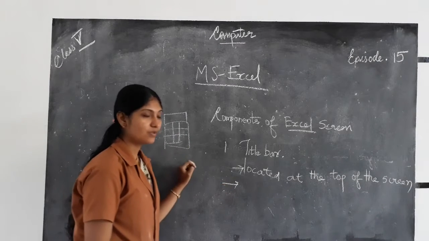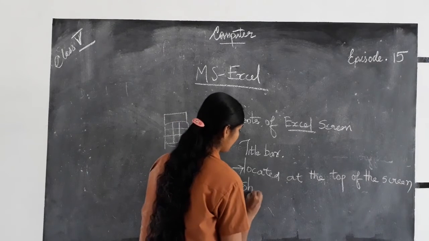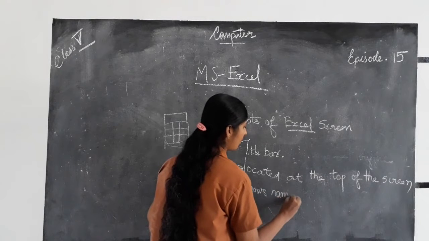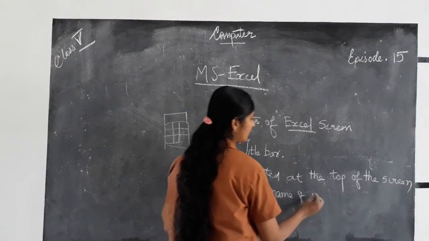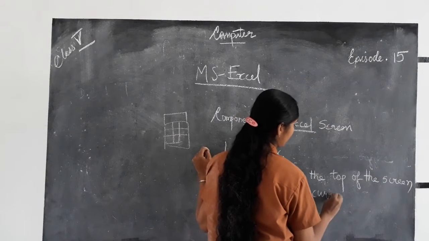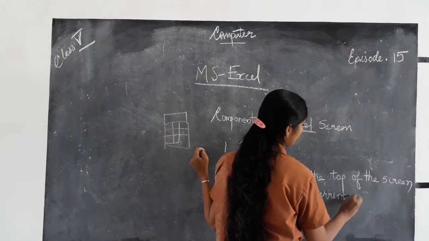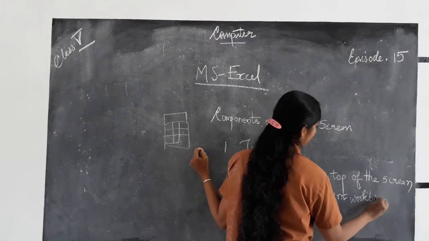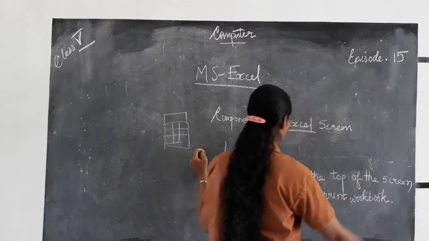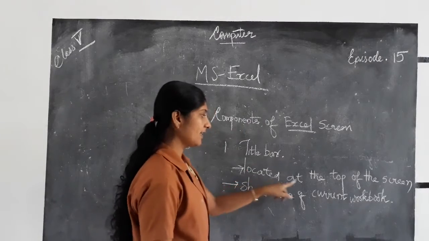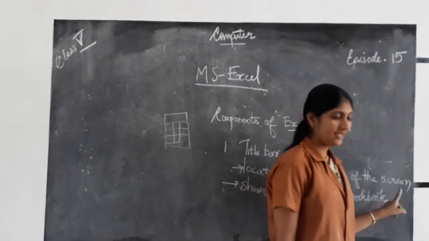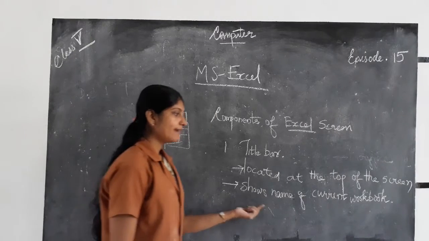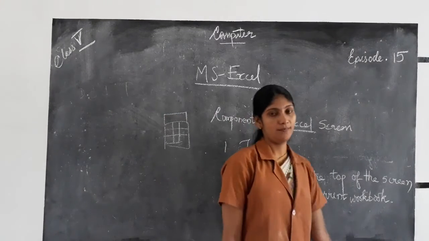The title bar shows the name of the current workbook. Once again, it is located at the top of the screen, and it shows the name of the current workbook.